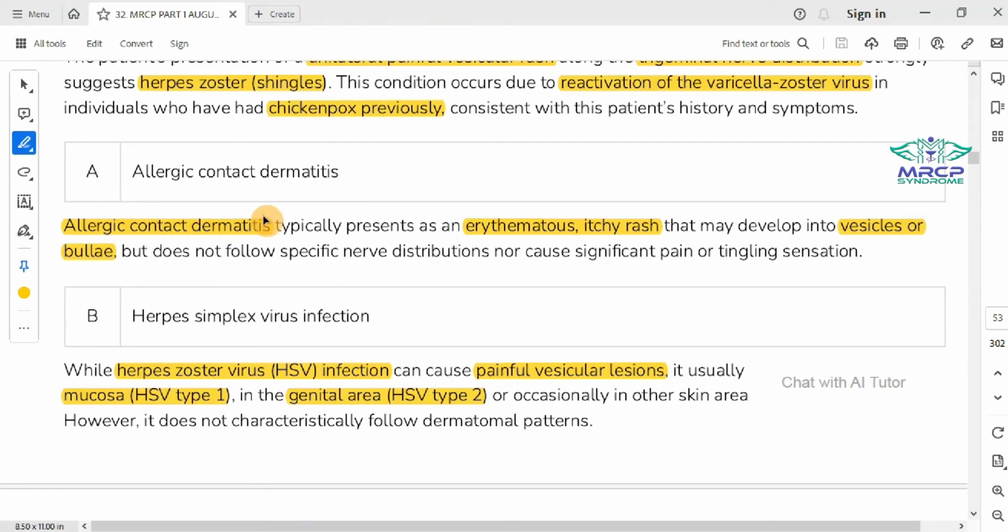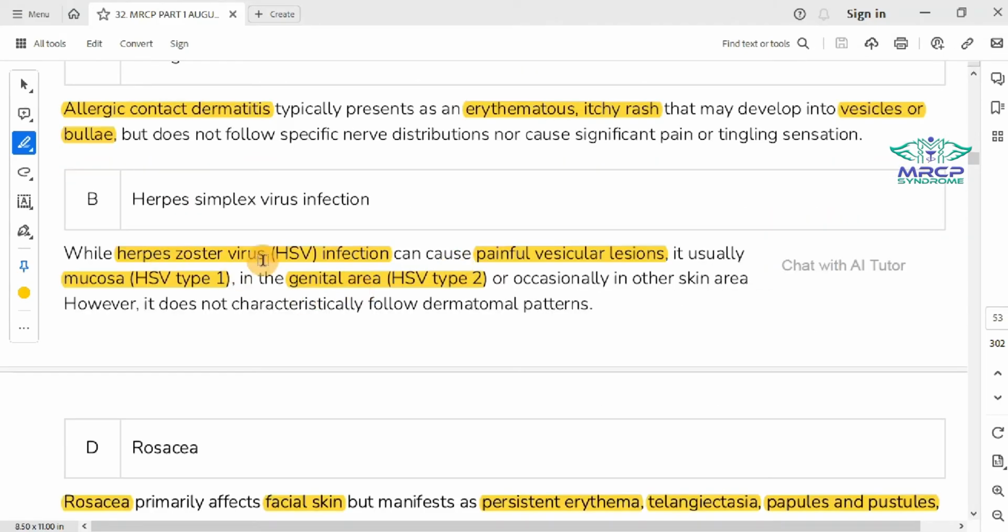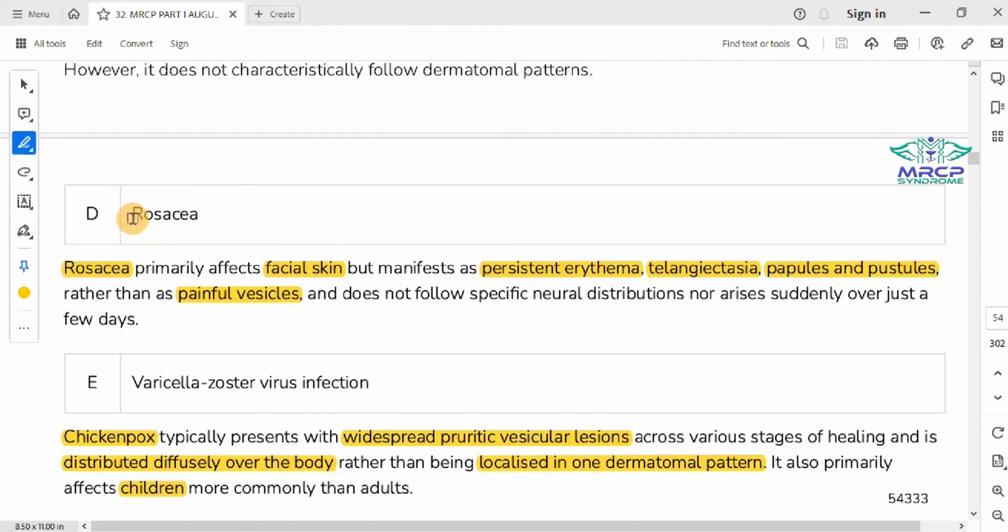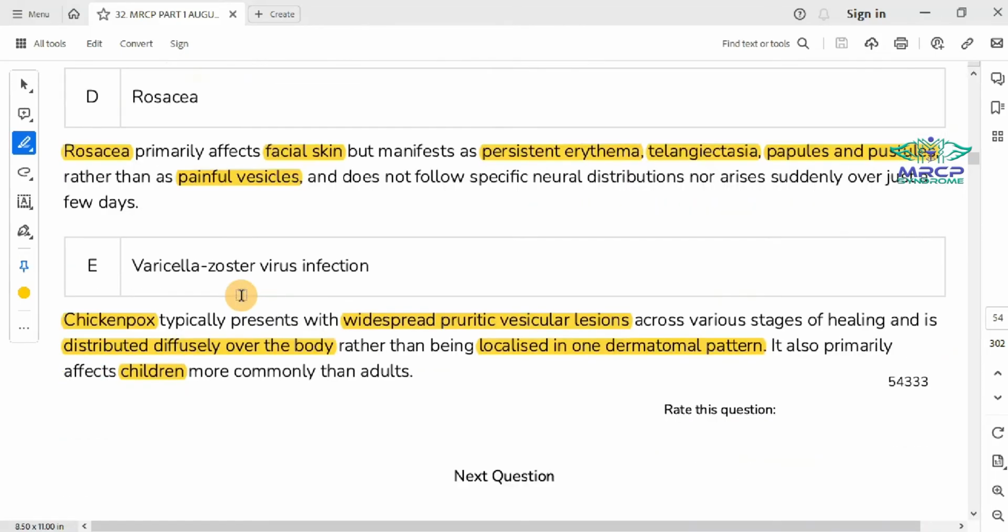And allergic contact dermatitis will present as an erythematous itchy rash that may develop into vesicles or bullae. And HSV will come up with painful vesicular lesions, oral involvement in type 1, genital involvement in type 2. And rosacea, there would be prominent blood vessels, persistent erythema, telangiectasia, papules or pustules.